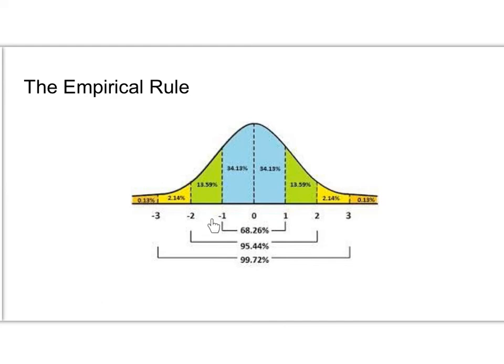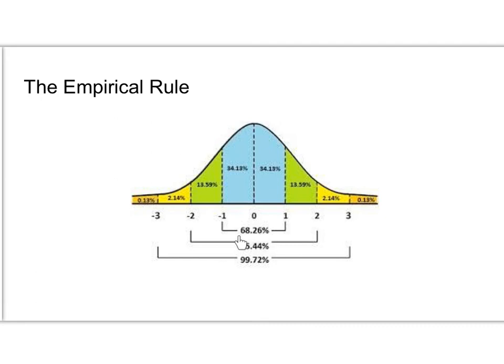If you look at these numbers, -1, -2, -3, 1, 2, and 3, again, these are all standard deviations. 1 and -1 means this blue area covers the data within one standard deviation away from the mean or center, which is 0.